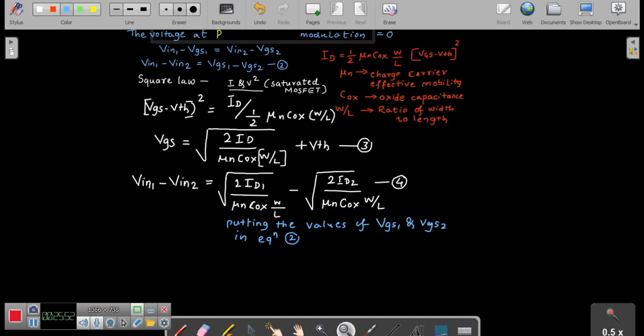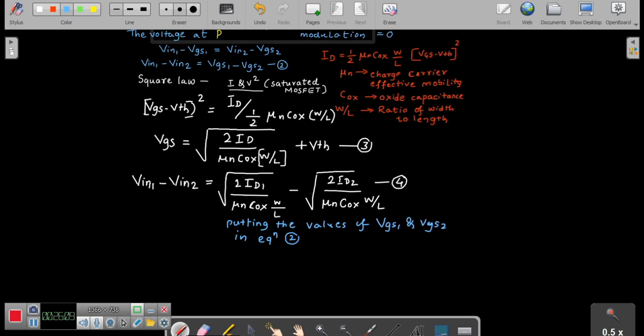You can see equation number 2. Here we have Vin1 minus Vin2 is equal to VGS1 minus VGS2. So there I have put the values of VGS in particular as VGS1 and VGS2. I hope you can follow it.